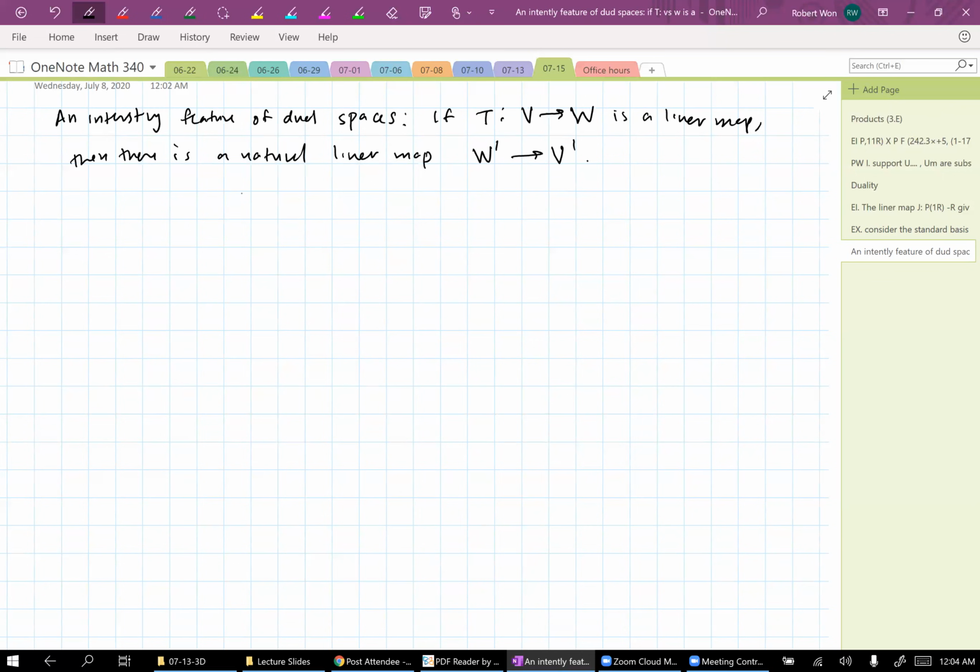Well, okay, so what is W dual? W dual is all of the linear maps from W to F. And V dual is all the linear maps from V to F. Okay, so you can think about a linear map from W to F as like some kind of arrow, like this.